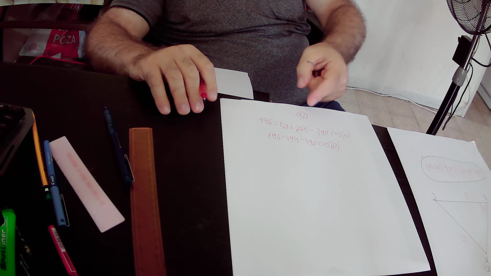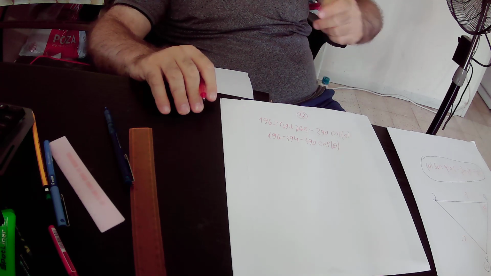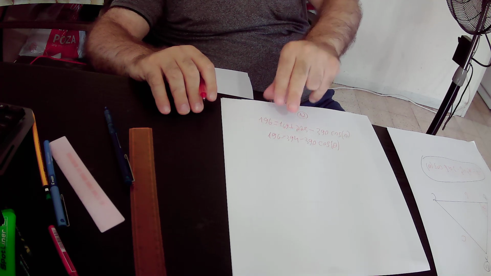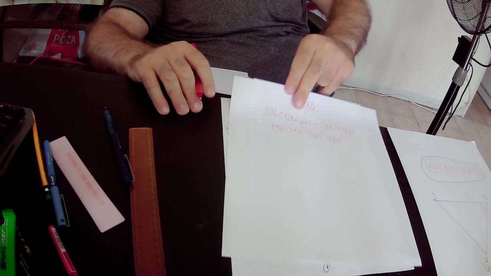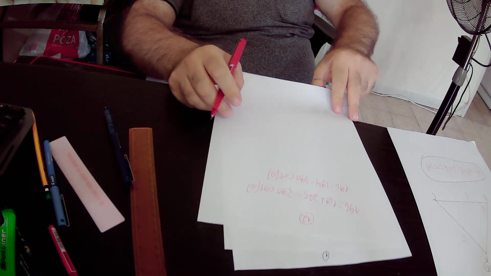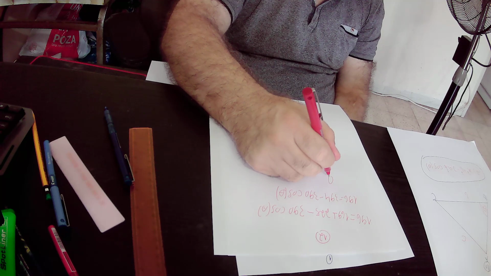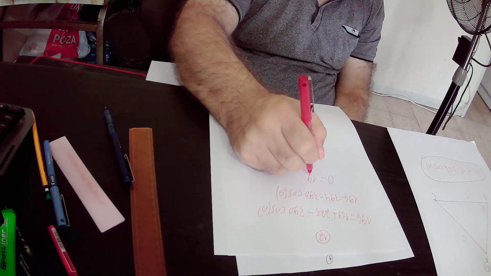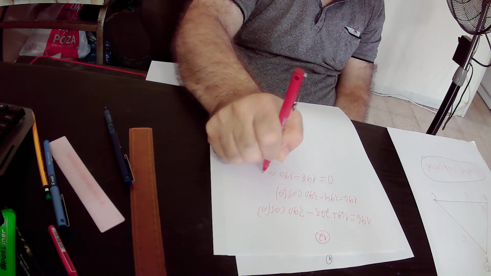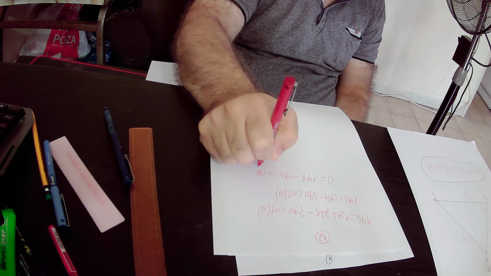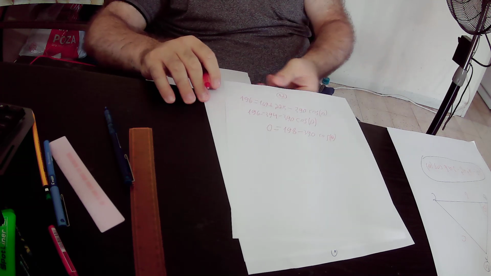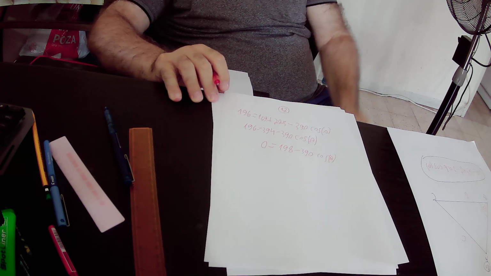196 equals 394 minus 390 cosine theta. Here we subtract 196 from this equality, and we get that 0 equals 198 minus 390 cosine theta.